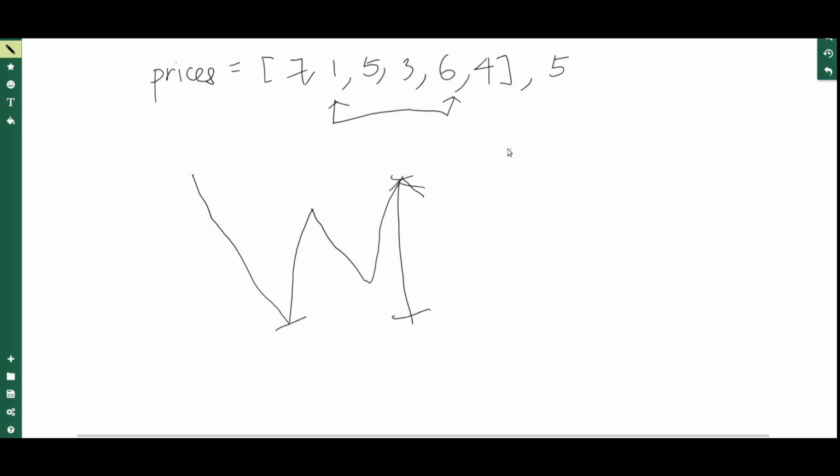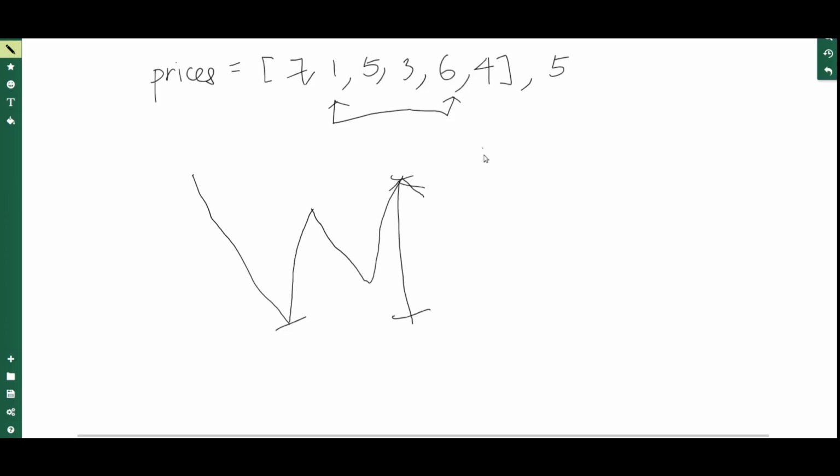If the current element is bigger than the smallest element so far, we'll simply calculate the difference and see if it's greater than the maximum profit. If it is not, then the current element would be the smallest element so far.